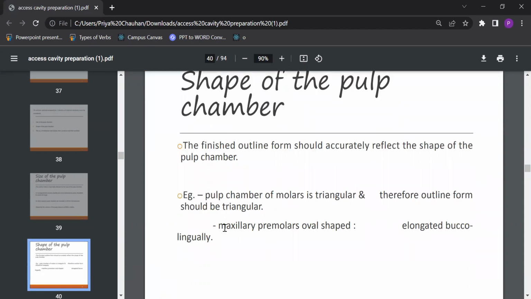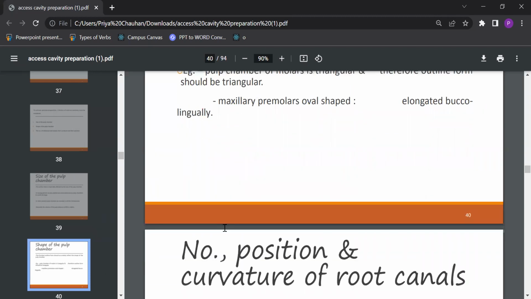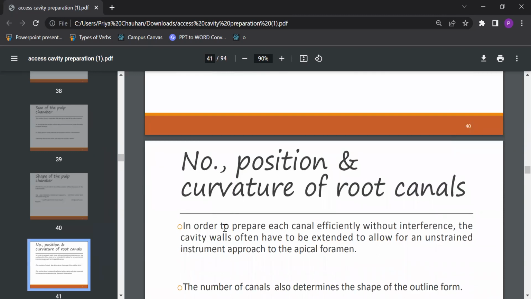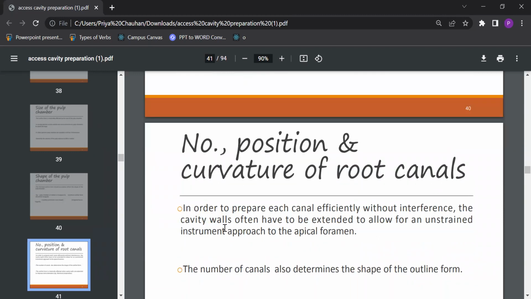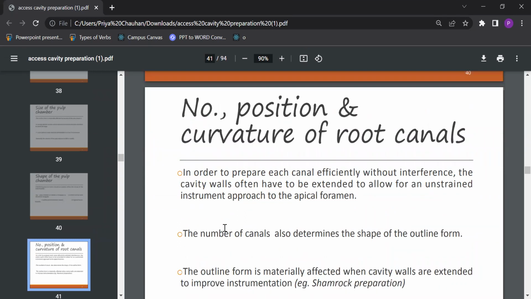For example, the pulp chamber of the molar is triangular, therefore the outline form should be triangular. The maxillary is oval shaped, so elongated buccolingually. The number, positions and curvature of root canals in the older order to prepare each canal efficiently without interference.